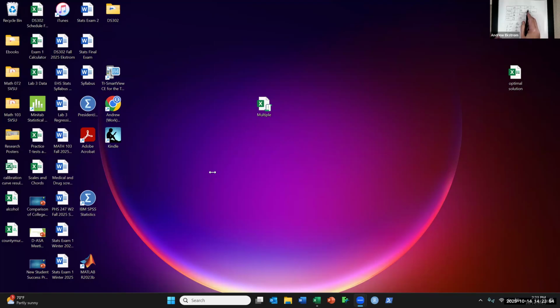So mean sum of squares, the value here, is going to be sum of squares for the model divided by degrees of freedom for the model. Mean sum of squares error is going to be sum of squares error divided by degrees of freedom for the error.